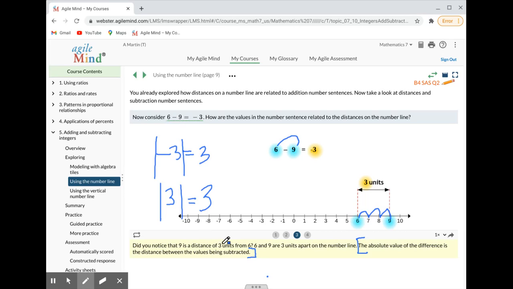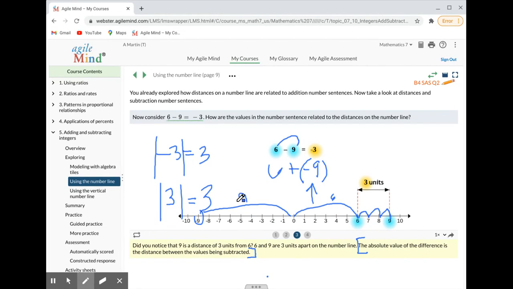All right. Now, in order to find our answer, we know that negative 9 is further away from 0 on the number line. But when subtracting 2 numbers, if we were to rewrite this as addition, and we said 6 plus negative 9, we know that negative 9 has a greater absolute value than 6 does, because negative 9 is way over here, and from here to here is 9 units, and from 0 to 6 is 6 units.